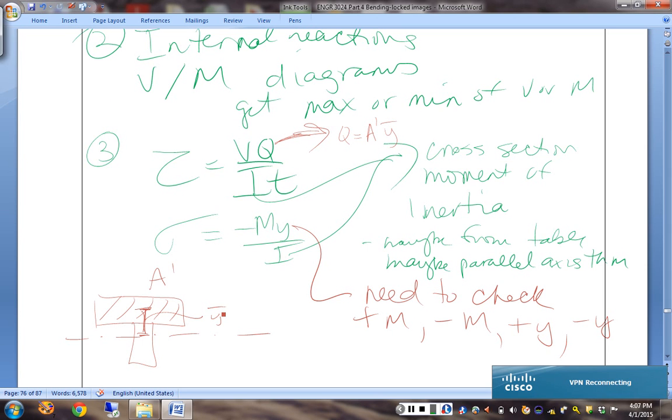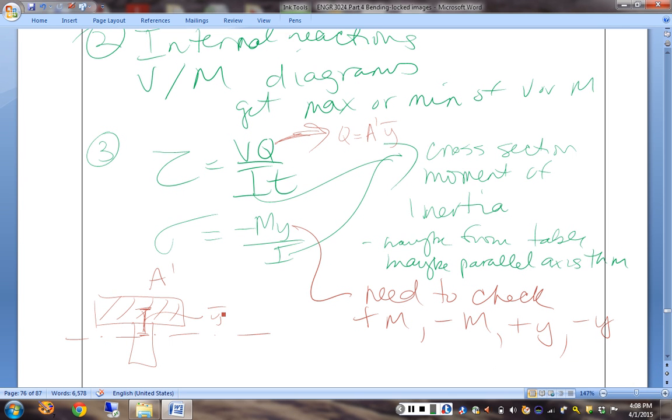So it's as if you hold one piece stationary and move one piece. That A prime is the mobile area. And it's the Y bar from the composite neutral axis to the centroid of the part that is the A prime.